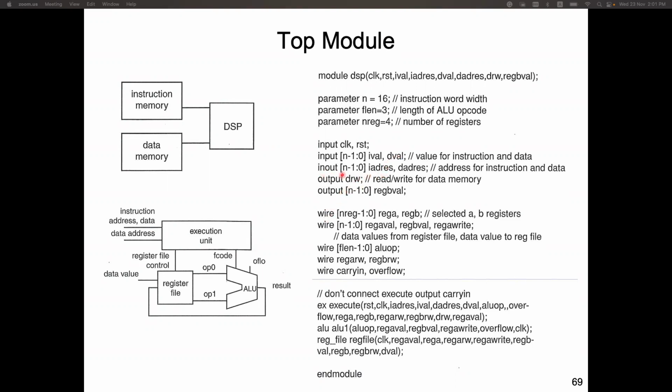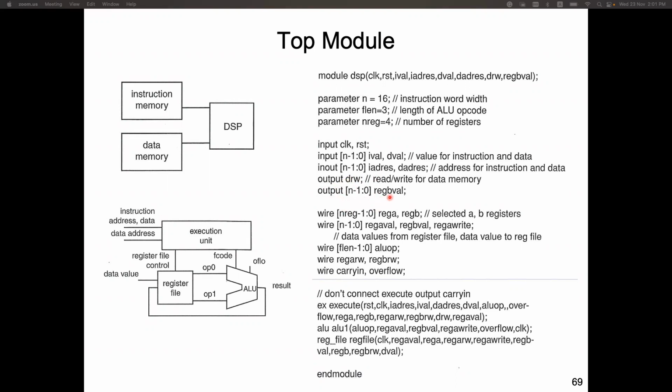And the I/O port address, instruction address, data address. This can be input or output. And output data read-write to control the read-write operation to the data memory.